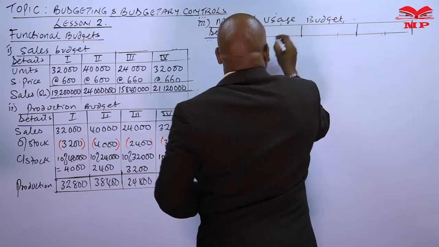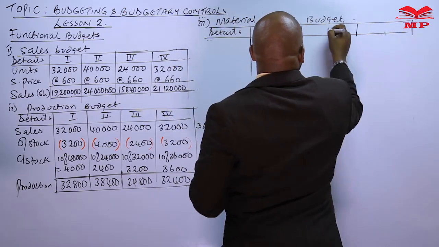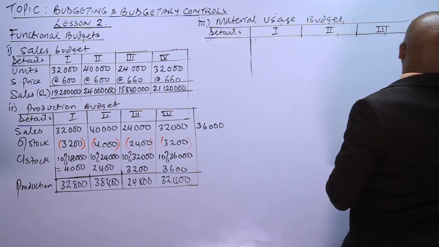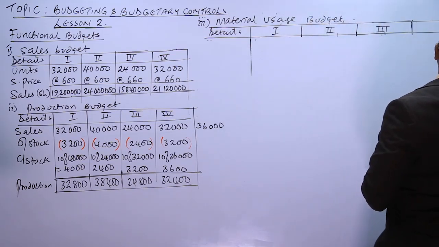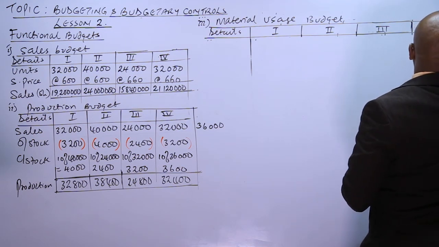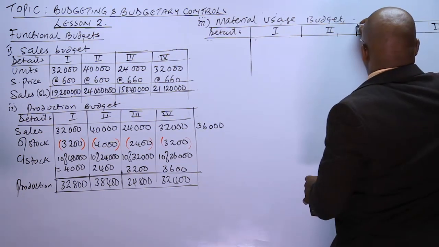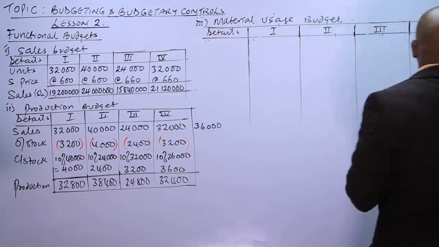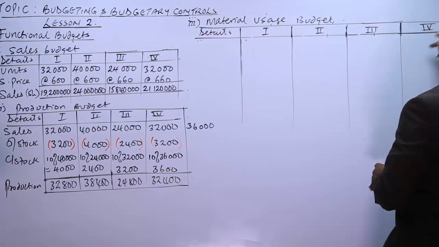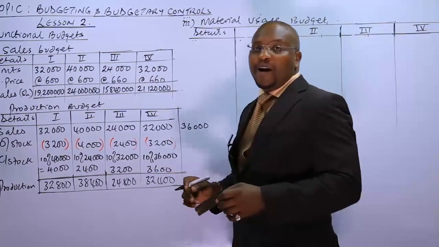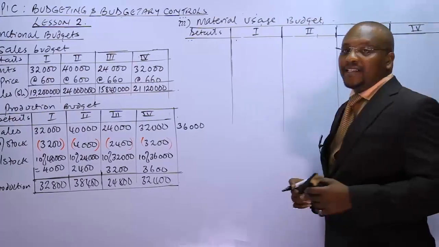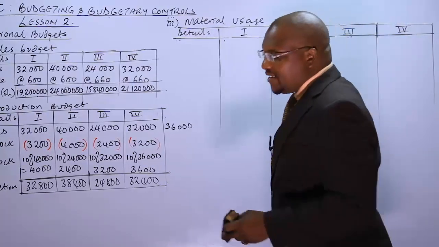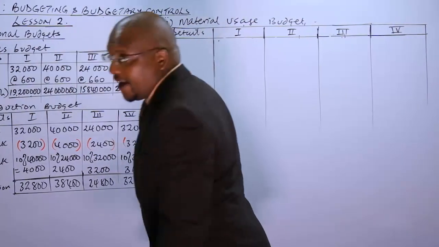We have quarter 1, quarter 2, quarter 3, then you have quarter 4. For the usage budget, we require to know exactly what is required. Should we produce the whole of this production? We have been given the kgs for every unit.